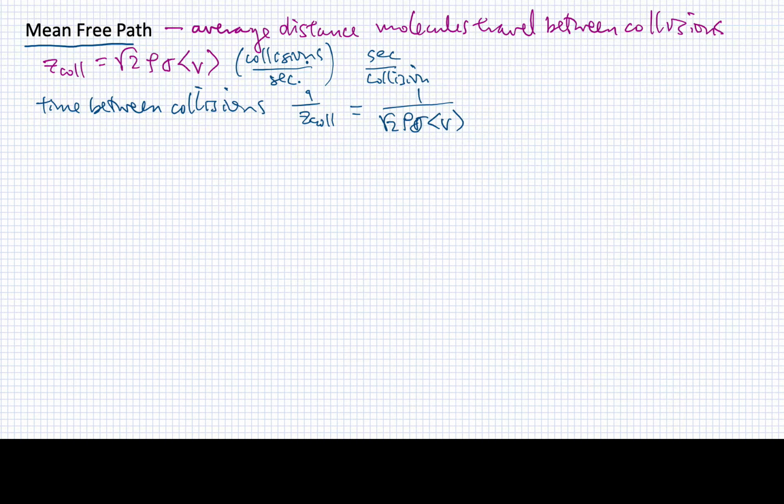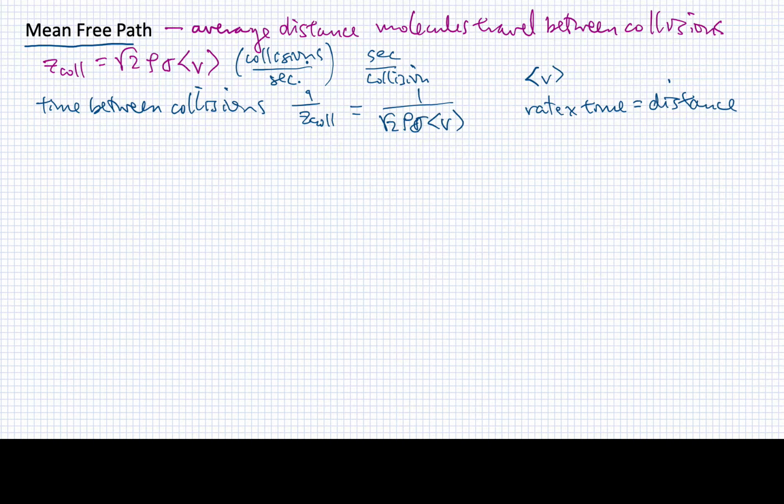Okay, but what I want is a distance, not a time between collisions. Well, the way I would ordinarily do this is I would say that rate times time is equal to distance. So if I want a distance, I simply need to multiply this time between collisions times the rate. But the rate is just the average velocity of the molecules.